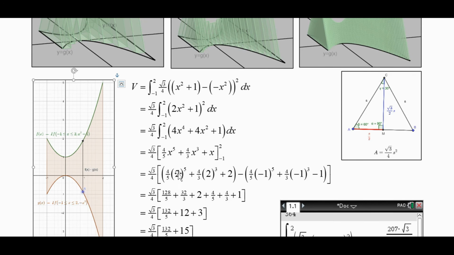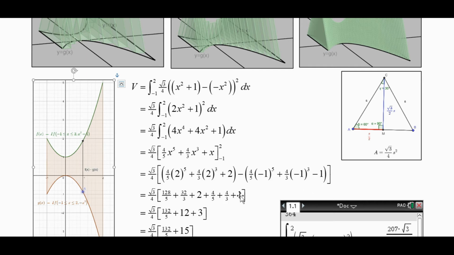All right, let's see what we can do here. 2 to the 5th is 32 times 4 is 128, and that's over 5. 2 to the 3rd is 8 times 4 is 32, and that's over 3. Then we got 2. Okay, got 5 negatives makes a negative, that's 4/5 (signs work out). 3 negatives, that's 4/3.